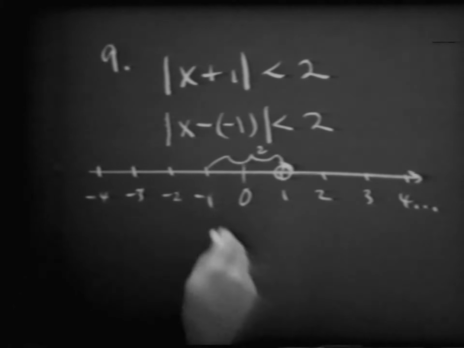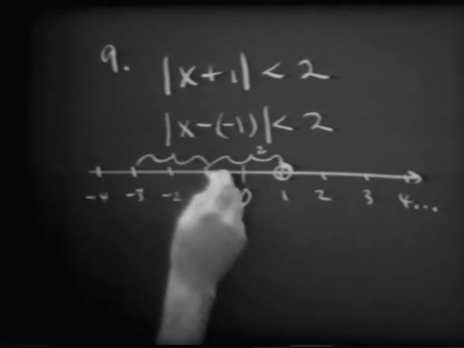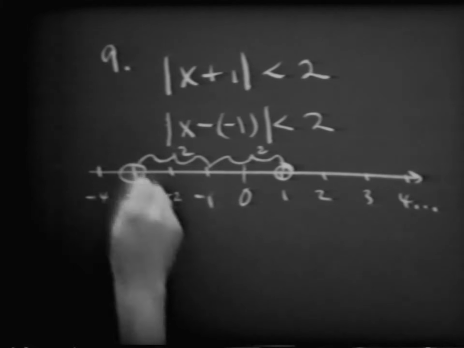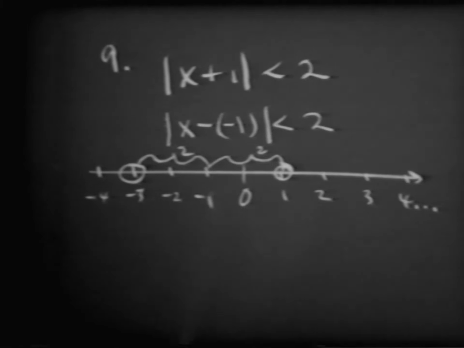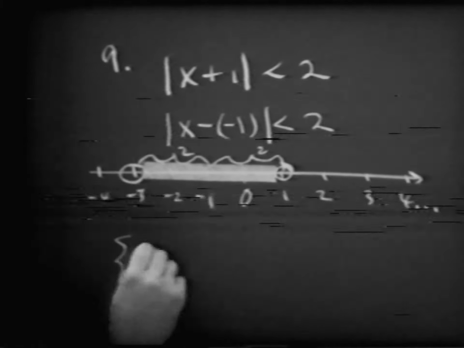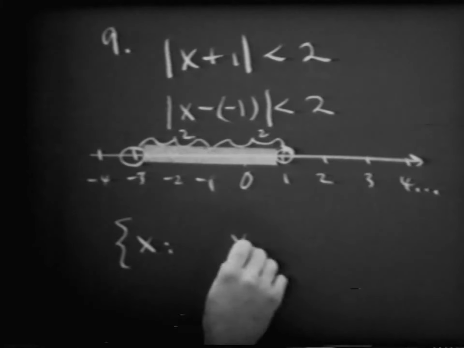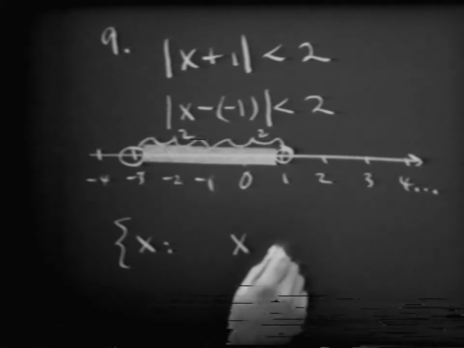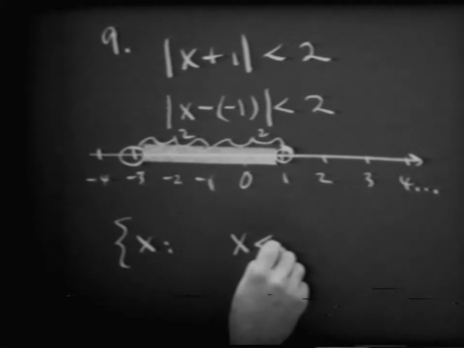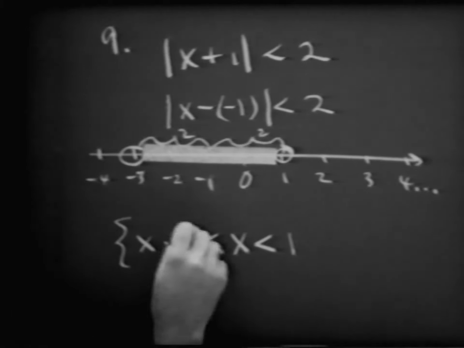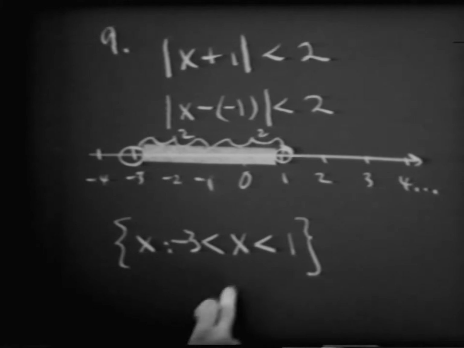Open circle at 1, and also an open circle at negative 3, and the fact that we're talking about is less than, what then do we want, Doug? A solid line in between, which will be these points here, and we may write this as a set of all x's such that, let me use the between symbol, in which x then is what? Less than 1 and greater than negative 3 would then be its solution set.